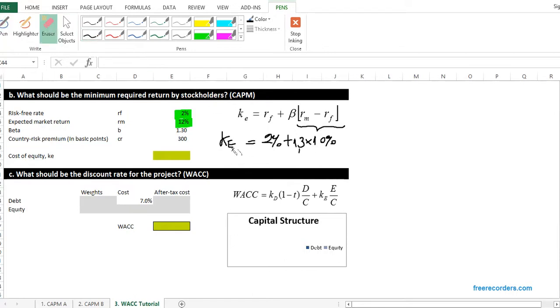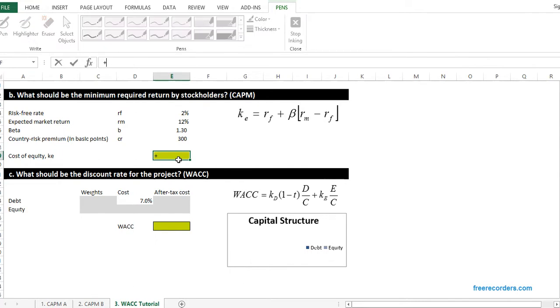Let's do it here. And then we have country risk, but I will add that later. Let's start with the capital asset pricing model. 2% plus beta times the risk premium.